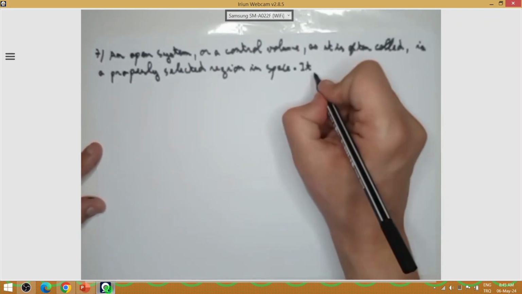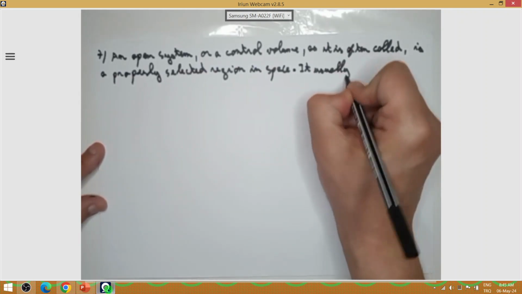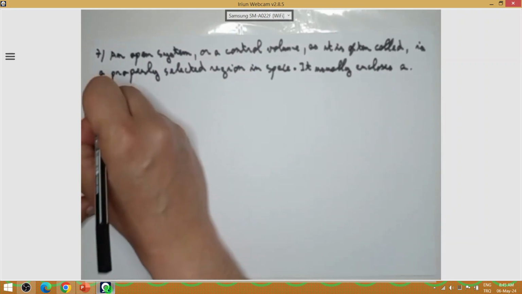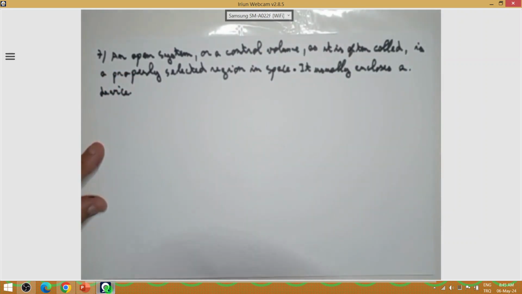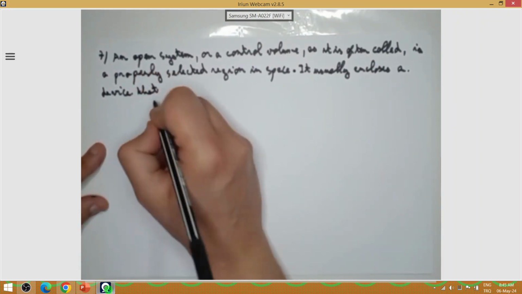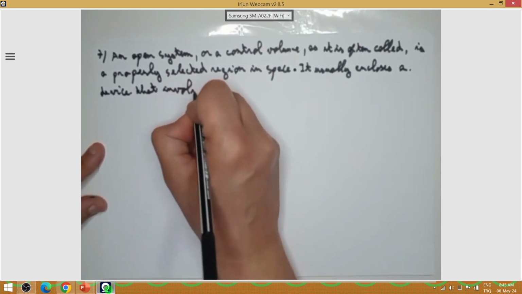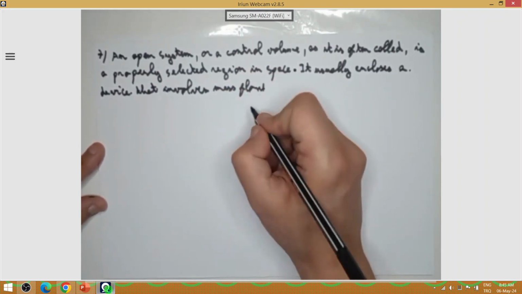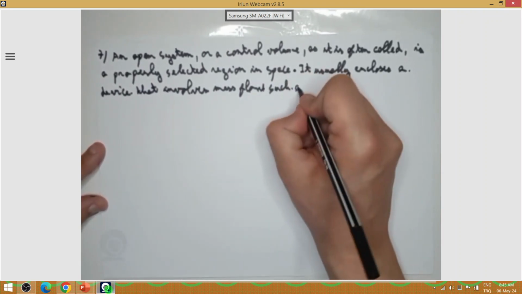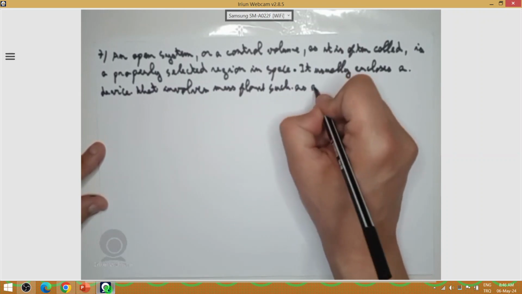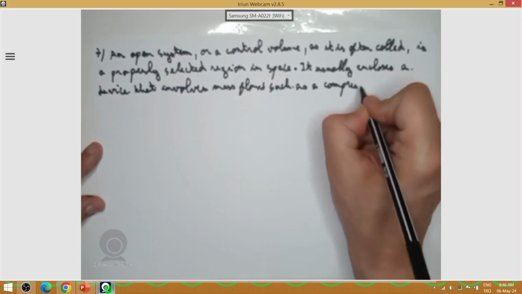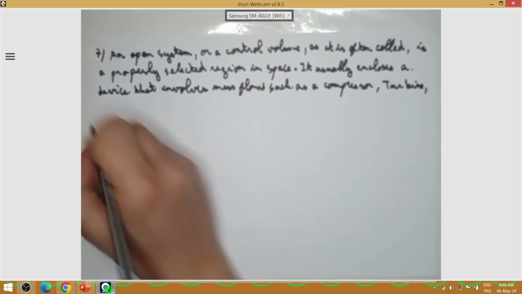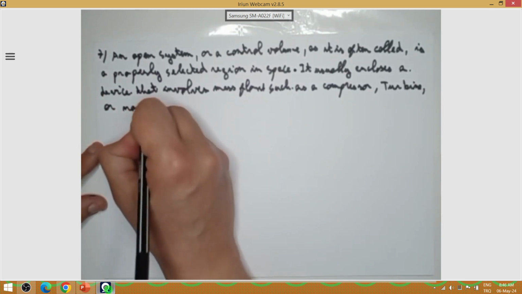It usually encloses a device that involves mass flow, such as a compressor, turbine, or nozzle.